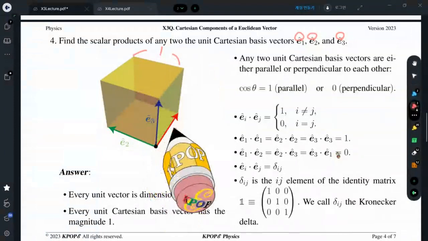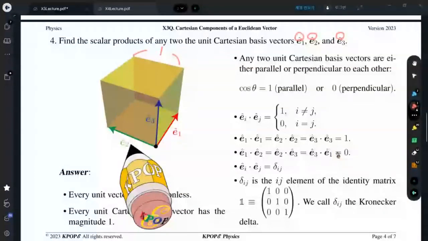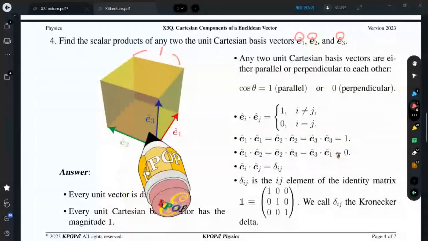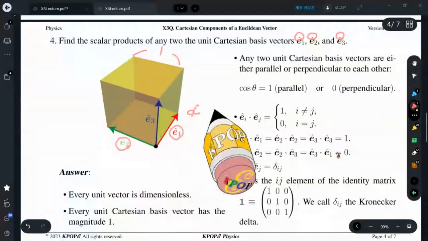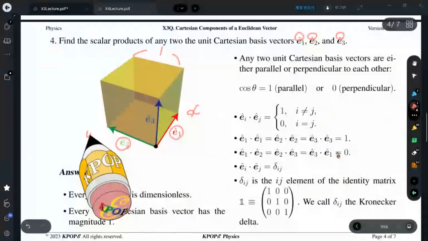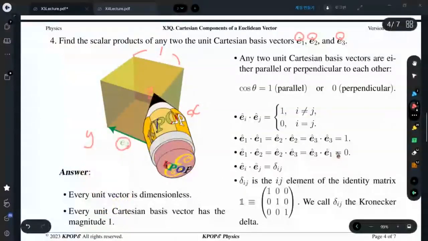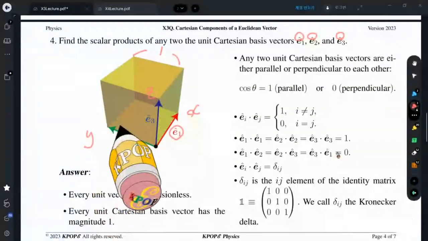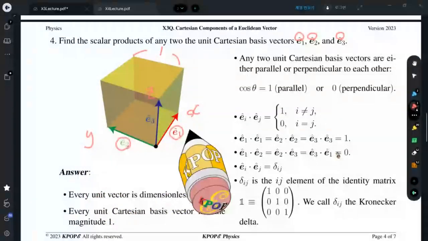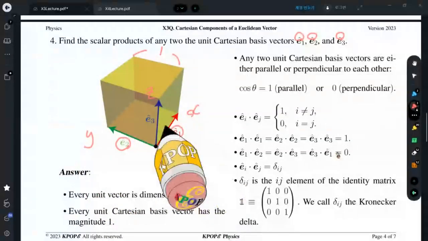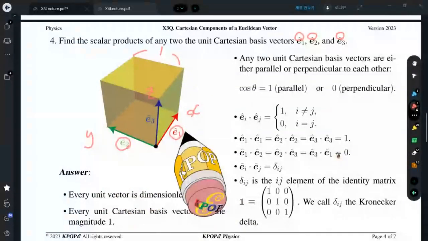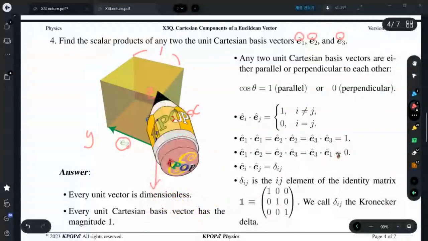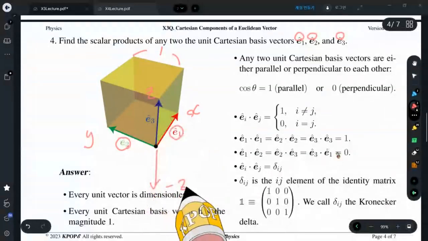And the directions 1, 2, 3 are all perpendicular to each other. For example, if I choose E1 and E2, I can make a plane. You remember the x-axis, y-axis, and then z-axis. On the xy plane, there is a vector perpendicular to this plane, that is either the z-axis or minus z-axis.